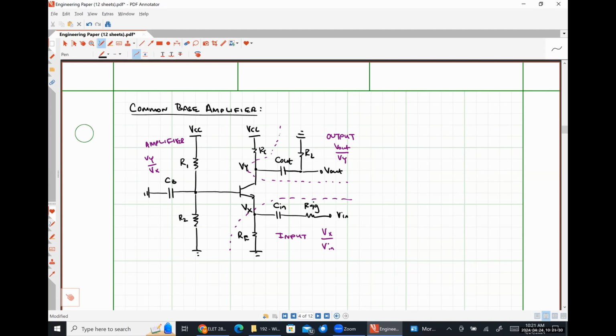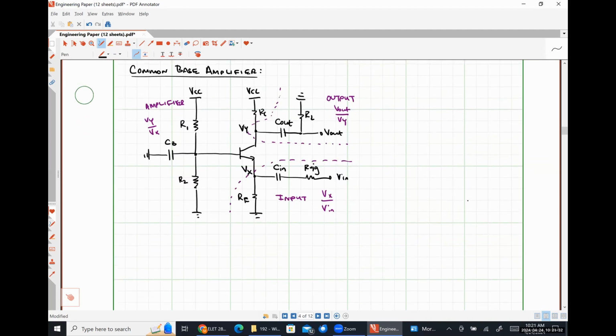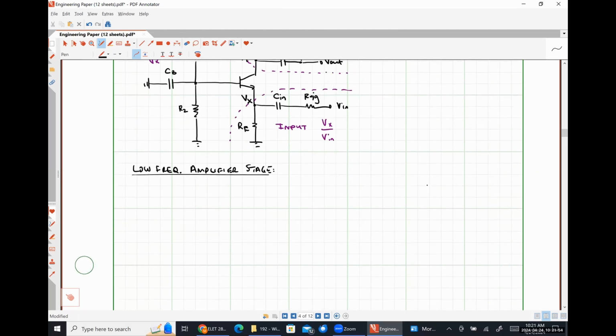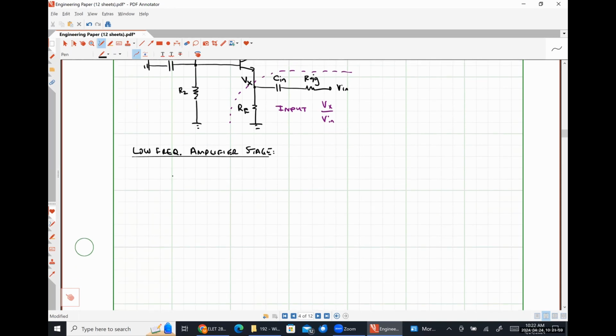All right, so starting with our low frequency analysis. Let's look at the amplifier stage. So I'm going to draw a small signal representation here. I have some base impedance.